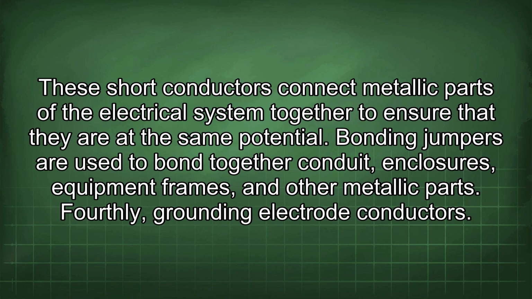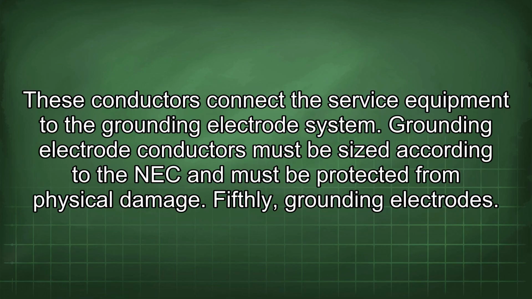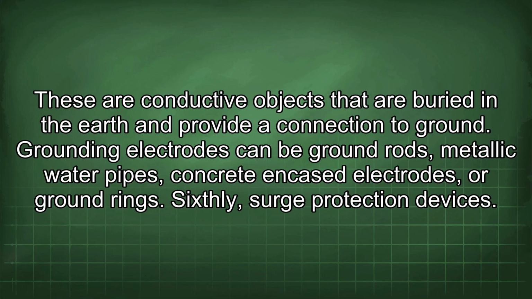Fourthly, grounding electrode conductors. These conductors connect the service equipment to the grounding electrode system. Grounding electrode conductors must be sized according to the NEC and must be protected from physical damage. Fifthly, grounding electrodes. These are conductive objects that are buried in the earth and provide a connection to ground.